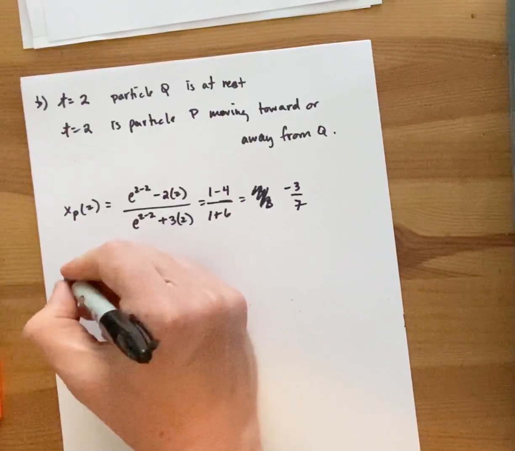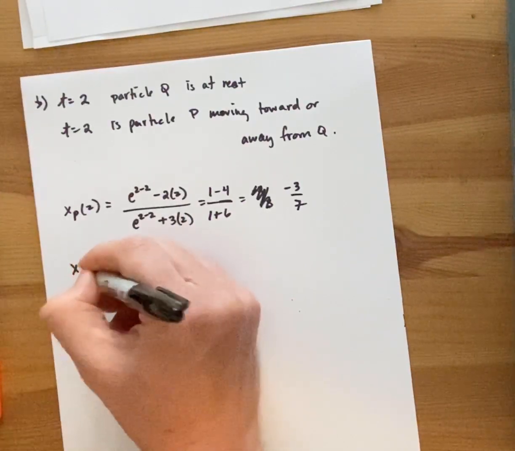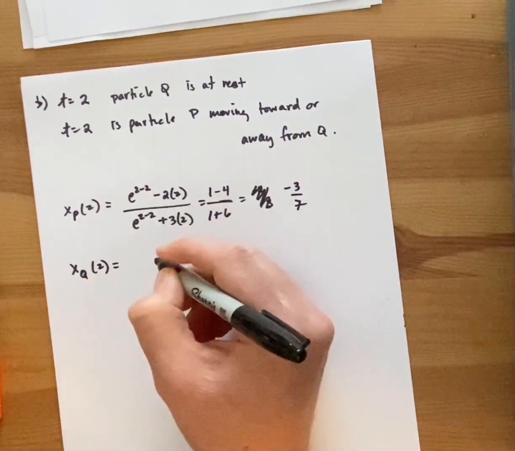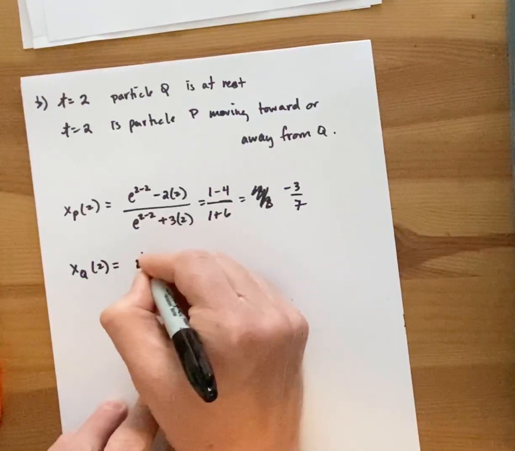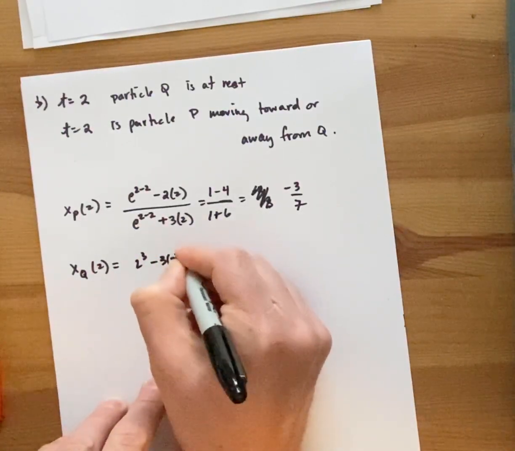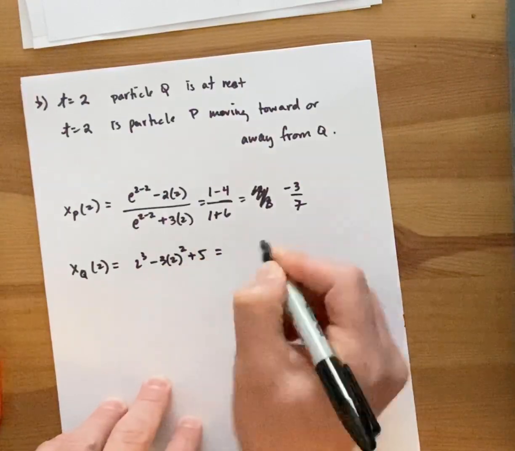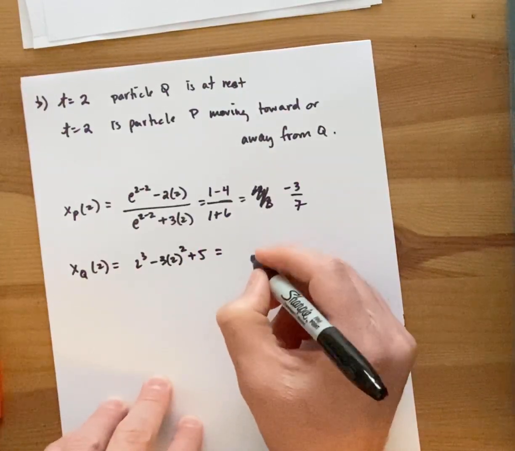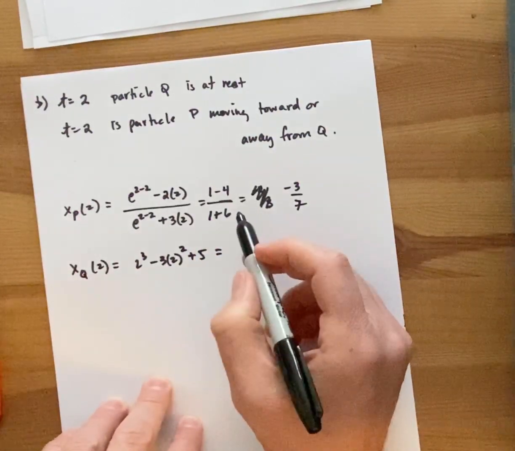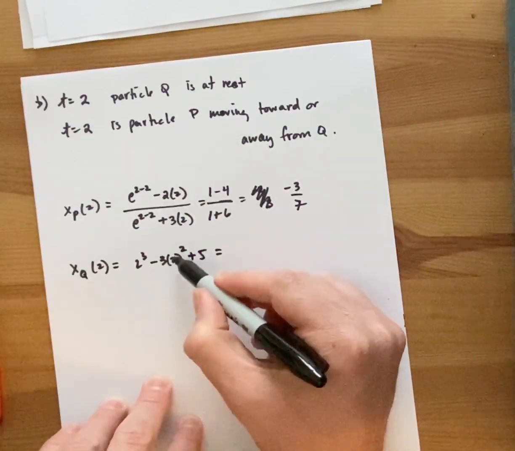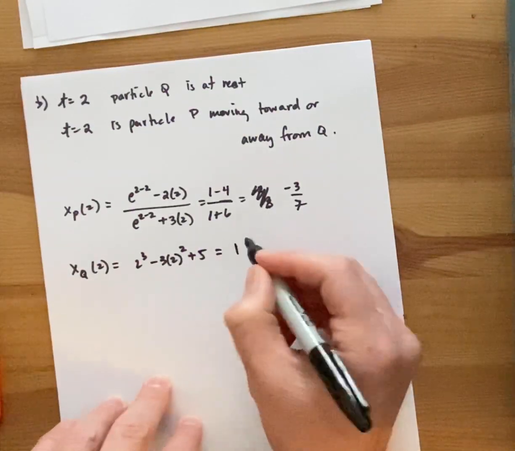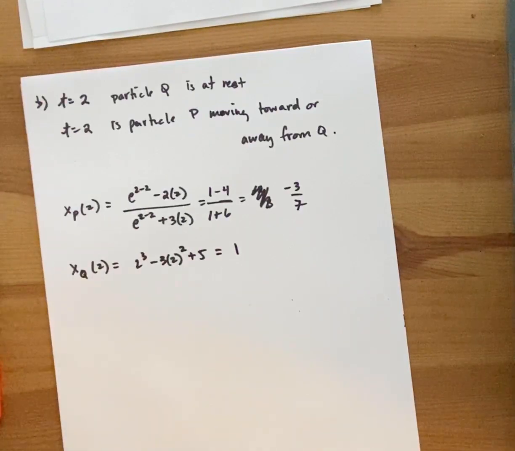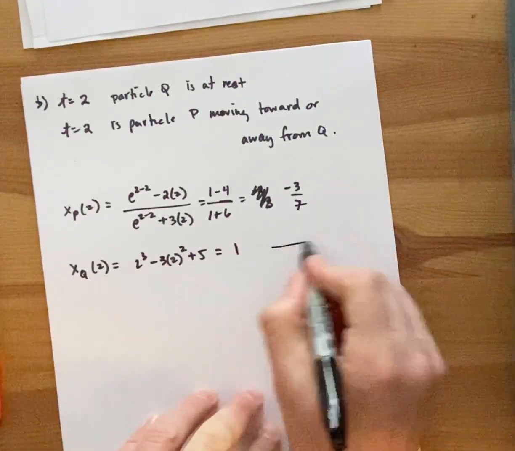And then the particle Q at 2, let's plug that in. So 2q minus 3 times 2 squared plus 5 equals 1, right? Yeah, 1. Okay. Now, think of them on the number line, right?